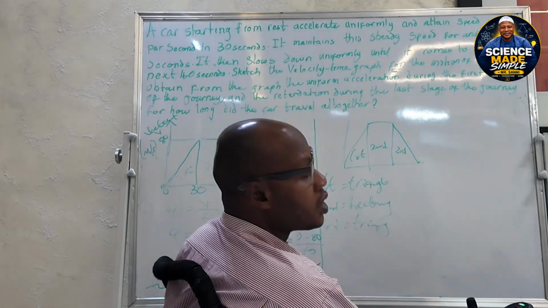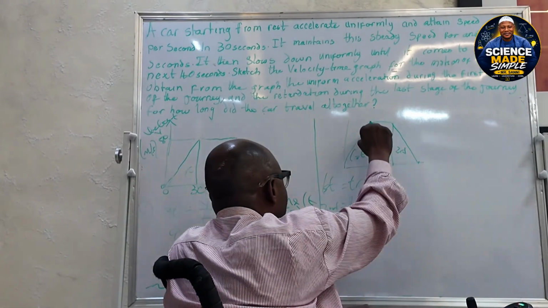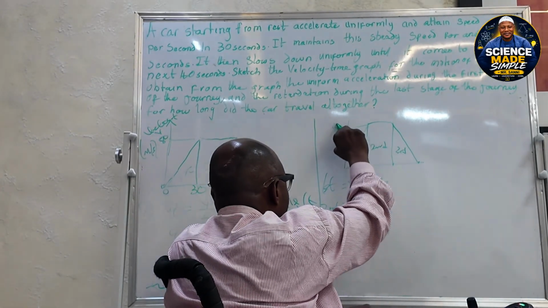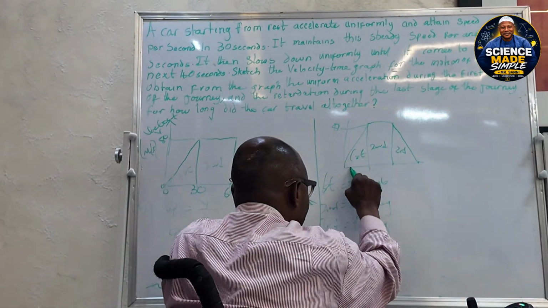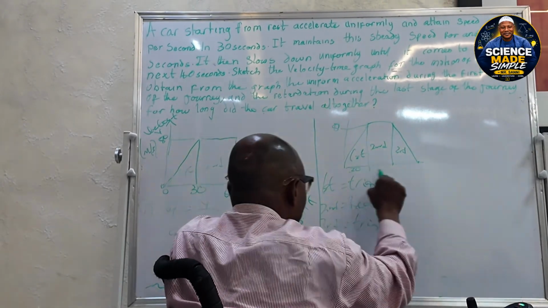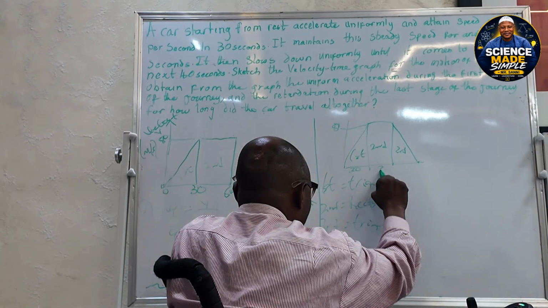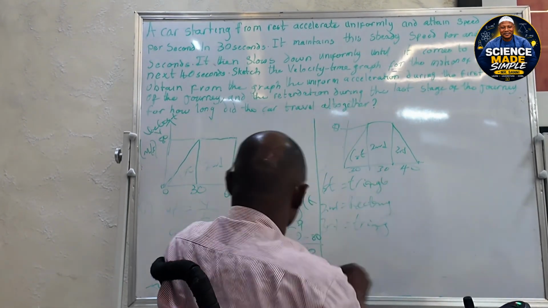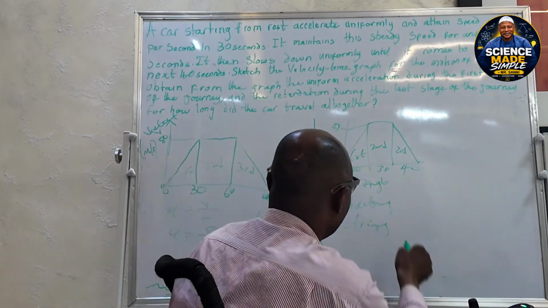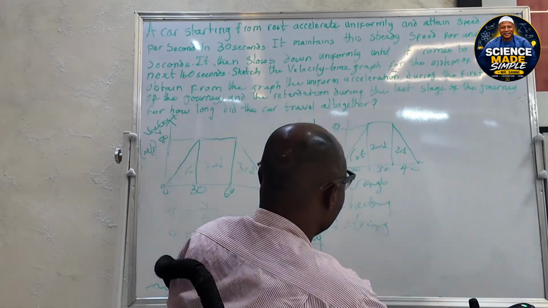Now, this one is 80. The first stage, 0 to 30, this place is 30. 30 to 60, this place is another 30. This place is 40. From 30 to 60, we have 30 here, we have 60 here.